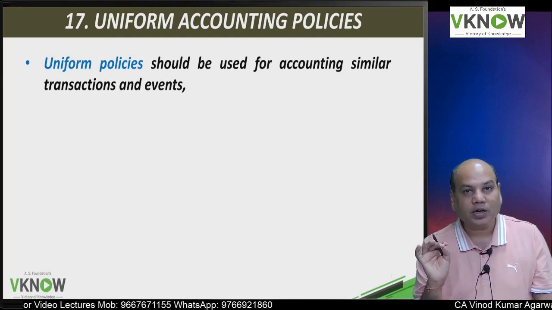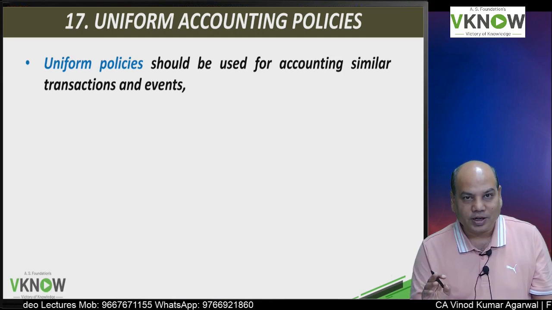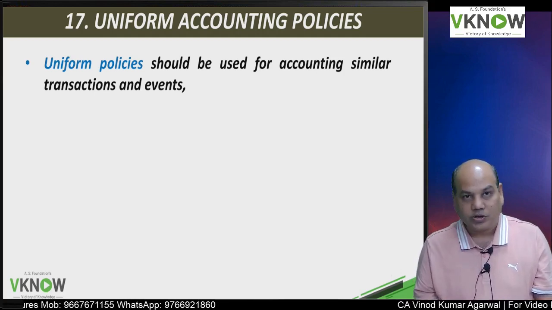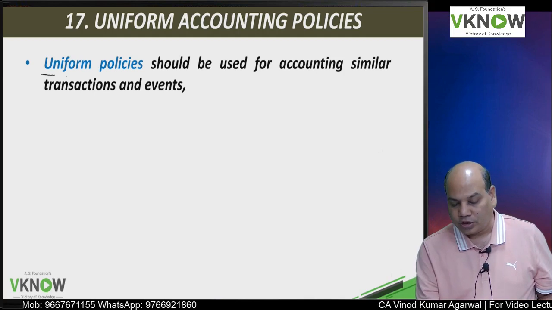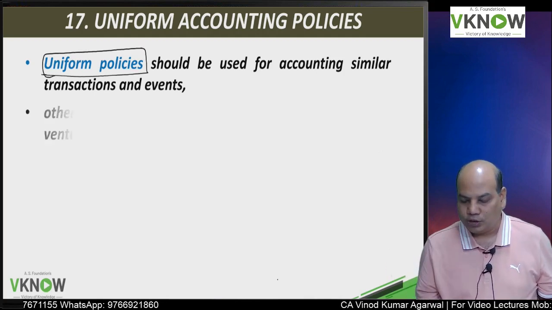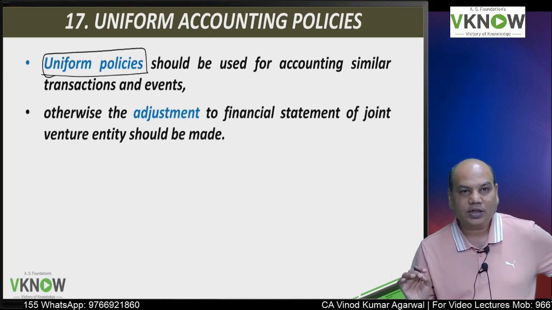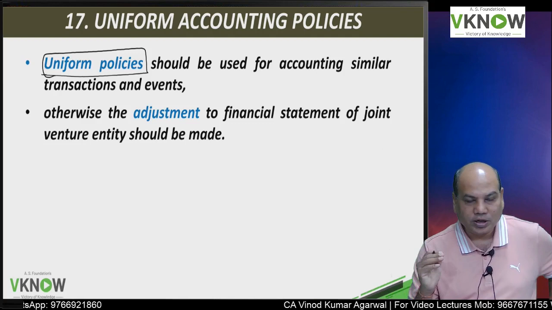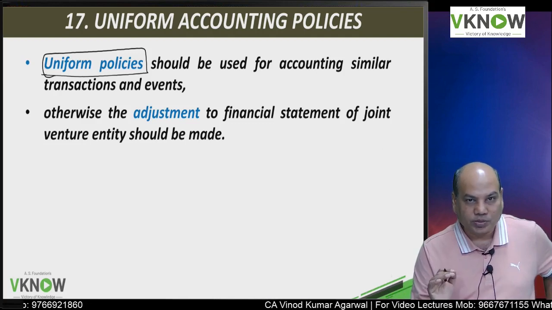Again the same paragraph we are repeating for the third time, as in AS 21 and AS 23. Wherever possible, the jointly controlled entity should follow uniform policy, that is the policy followed by the venturer. But practically sometimes it may not be possible.